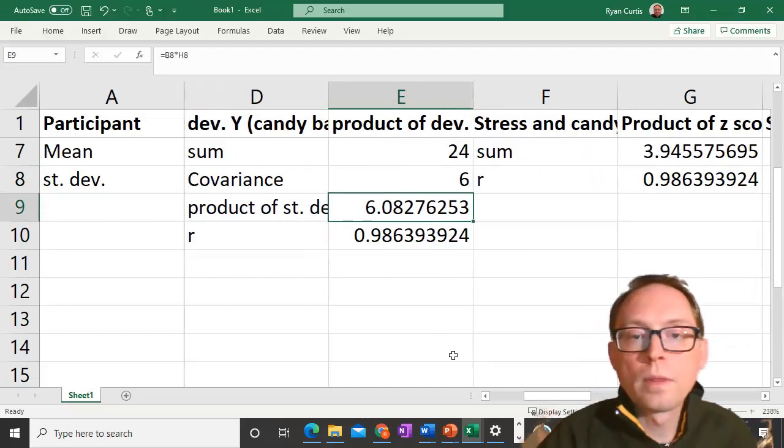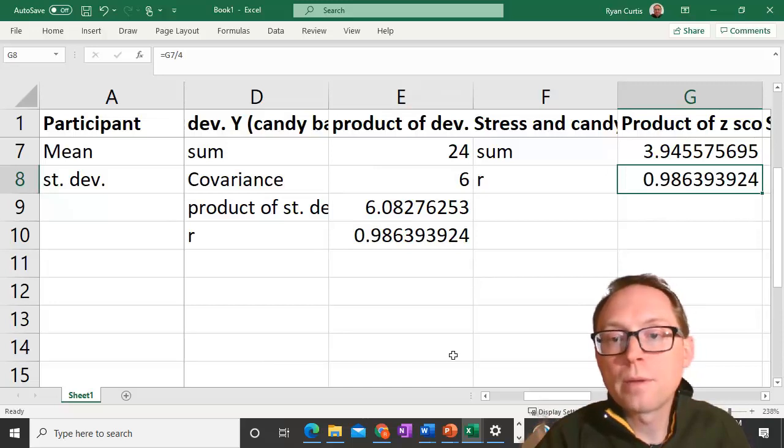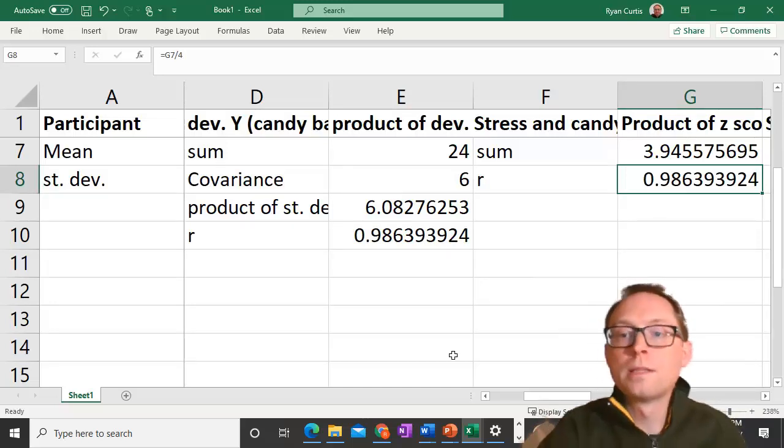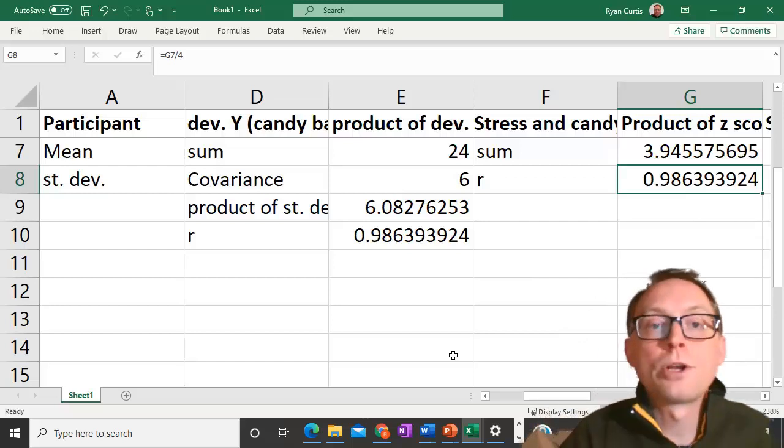This number, 0.98639, that's Pearson's R. They're the same thing because they're looking at the relationship, and there are different ways that you can add them up.